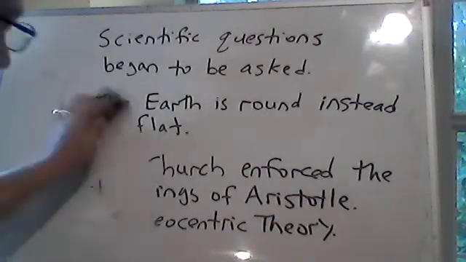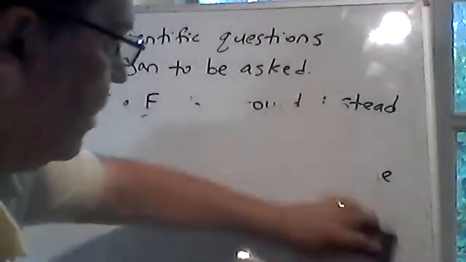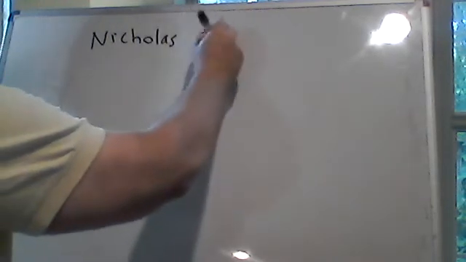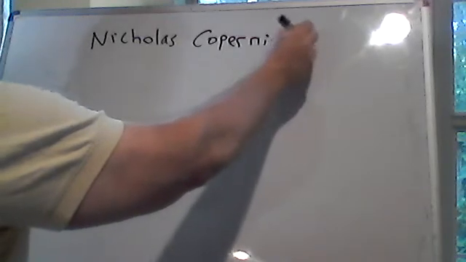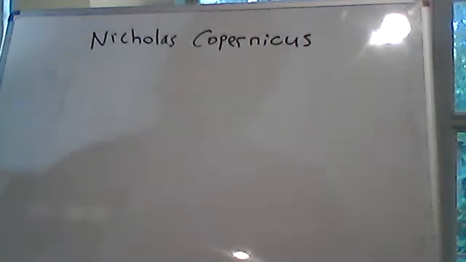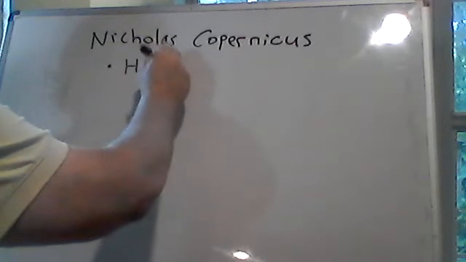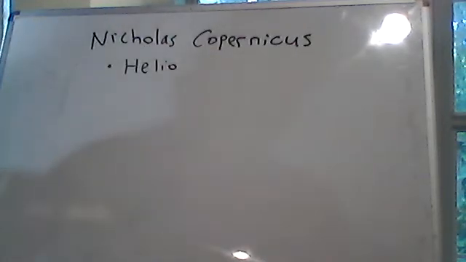All right, and so now some people began asking questions, and they started developing telescopes, and they started looking at evidence. They started trying to have evidence, and so the first person would be Nicholas Copernicus. Did I get his name spelled right? He provided evidence for a heliocentric theory. So the main thing he did was he says that no, the Earth is not the center of the universe. The sun is.